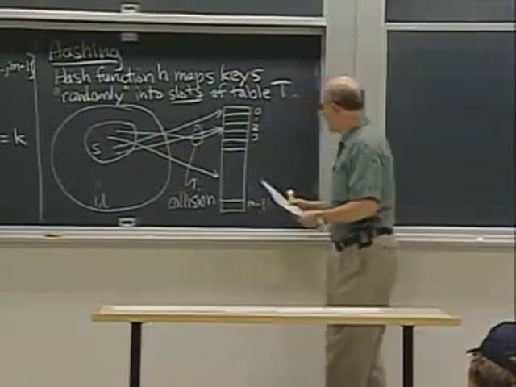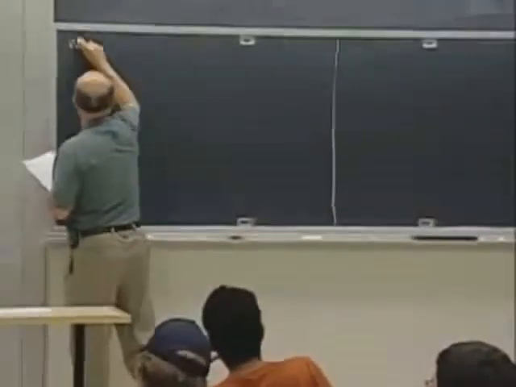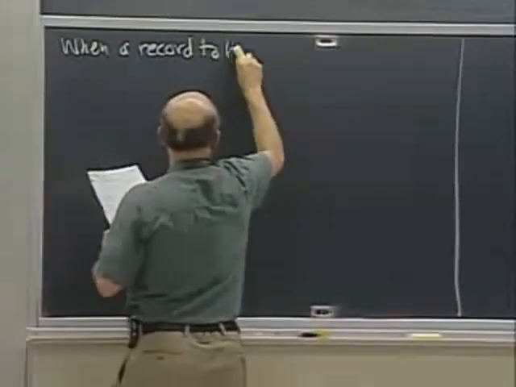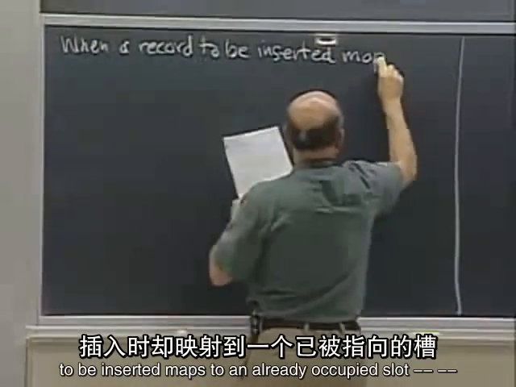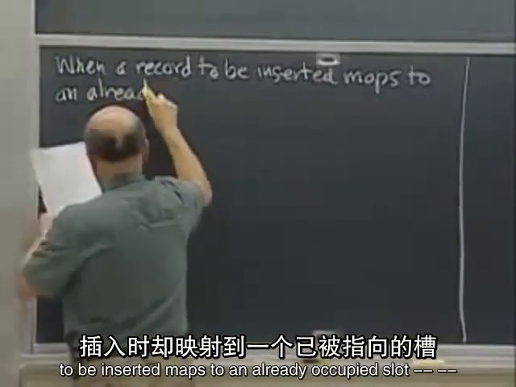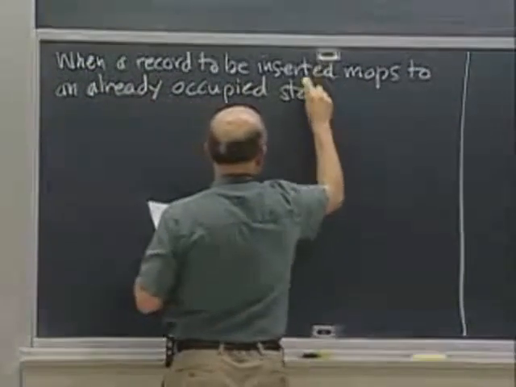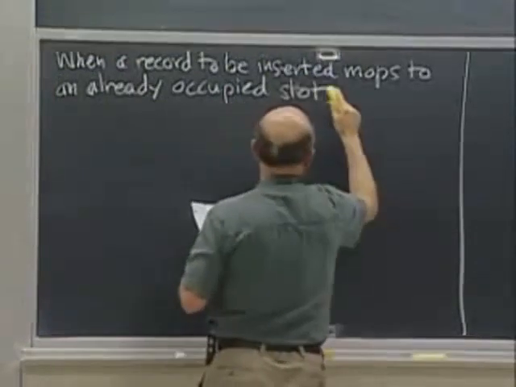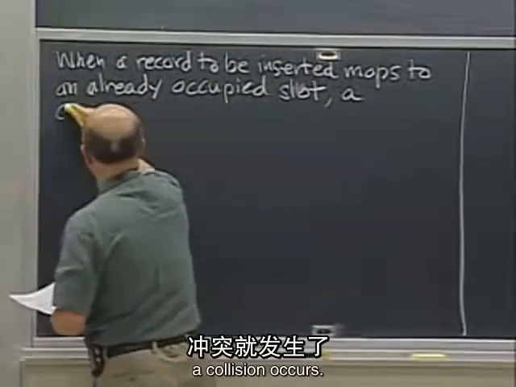So when a record to be inserted maps to an already occupied slot, a collision occurs.